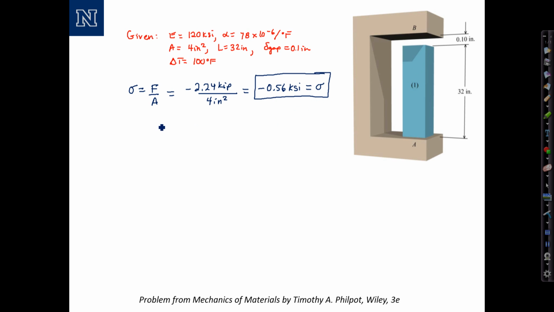Okay, the final term that we're looking for here is strain, epsilon, which is equal to delta divided by L. Very simply, our compatibility consideration from before said that delta was equal to delta gap, 0.1 inches, divided by the length, which is 32 inches.